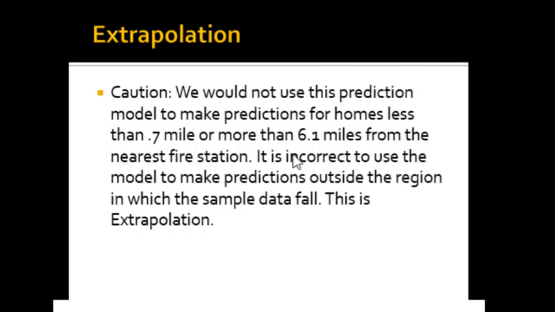For example, we should not use this model to predict the damage if a fire occurs 20 miles away, because we have not observed anything in that range. So you have to stick within this, let's say between 0.5 and up to 7 miles. If we go beyond that, that will be just extrapolation.